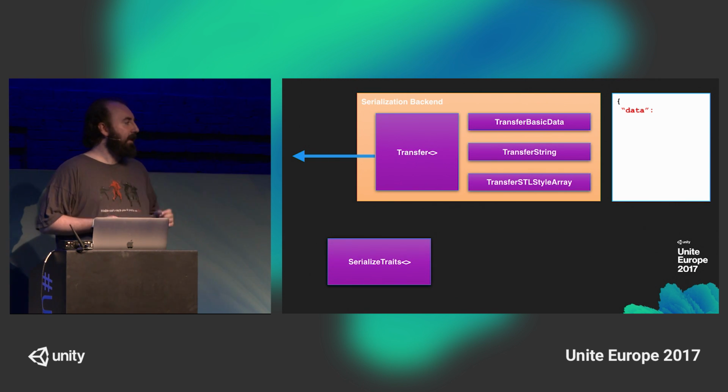Serialized traits is a templated class in C++. Now, if you're a C# developer, you've probably encountered generics by now. C++ has a similar concept in the form of templates, but templates are a little interesting because they're actually completely generated at compile time.